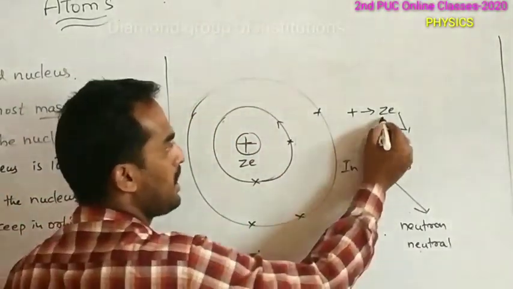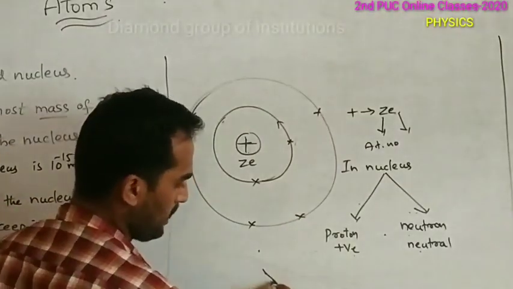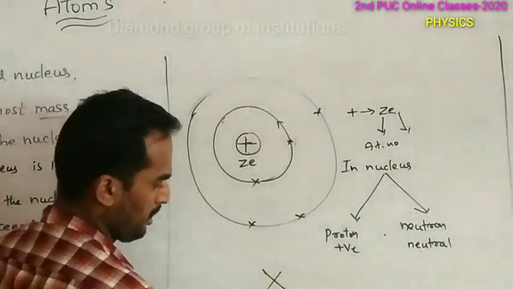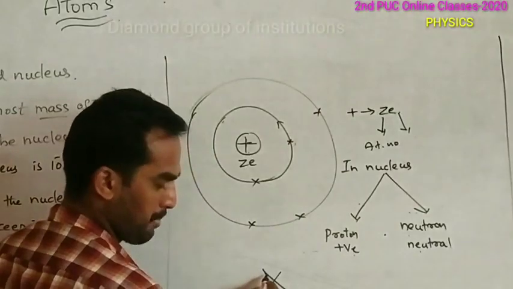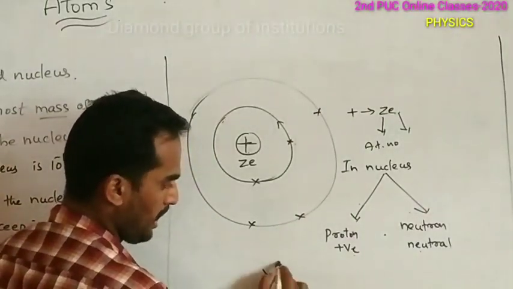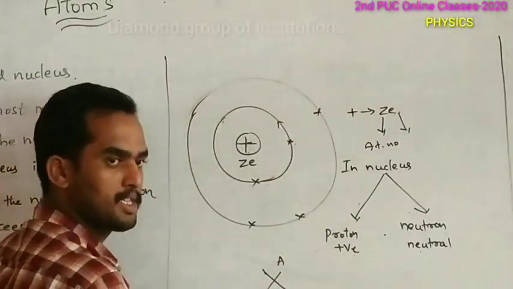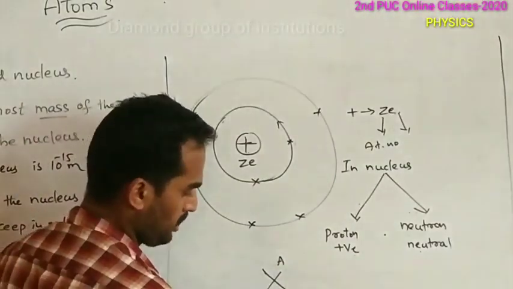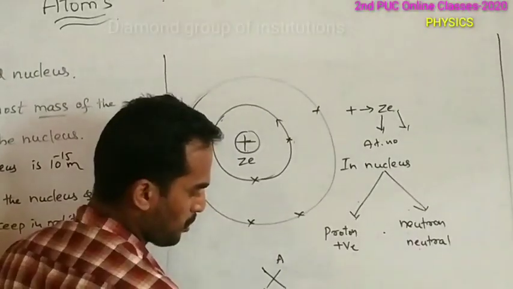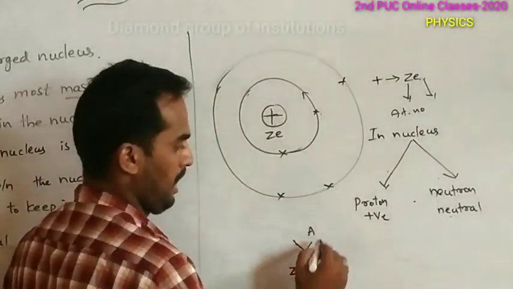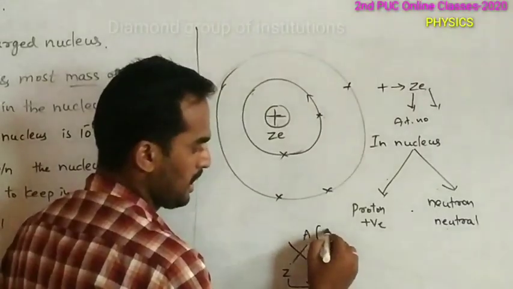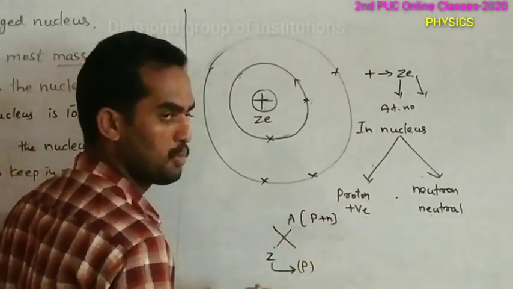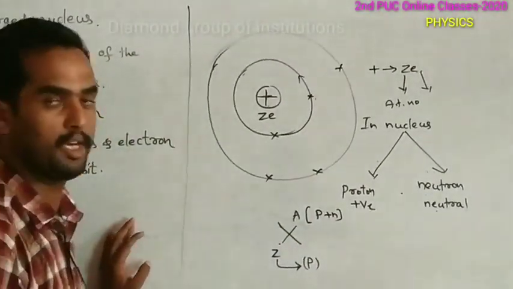And why this Ze symbol? If you take any element in your periodic table, it is represented by X with Z and A. Z indicates atomic number, A indicates mass number. Z is nothing but the number of protons present in the nucleus, and A indicates the number of protons plus neutrons present in a nucleus.